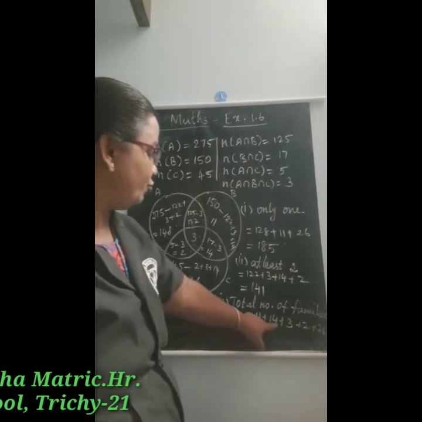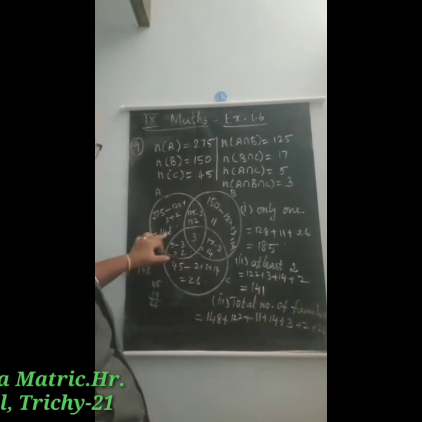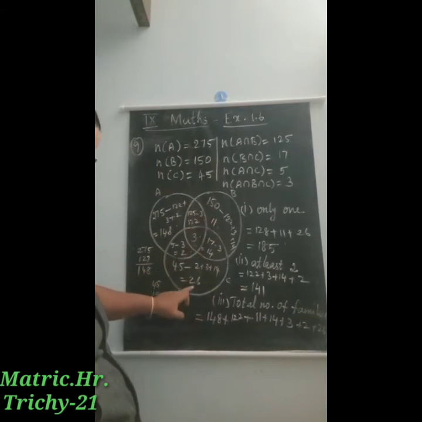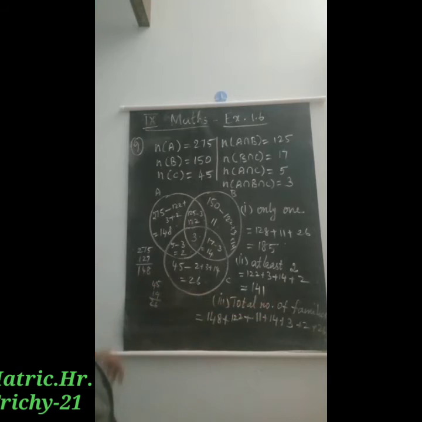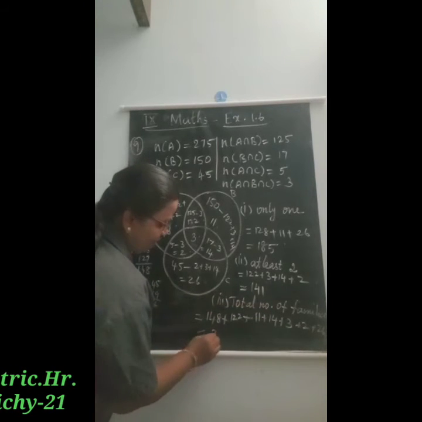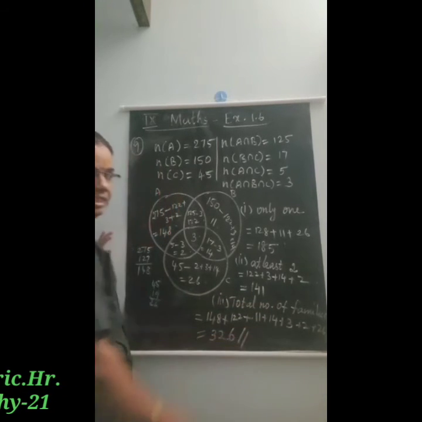That is 1, 2, 3, 4, 5, 6, 7. We add all of them, we will get total number of families is equal to 326.